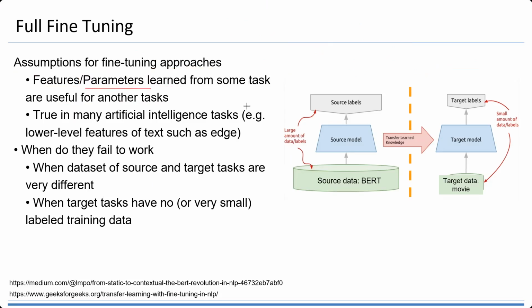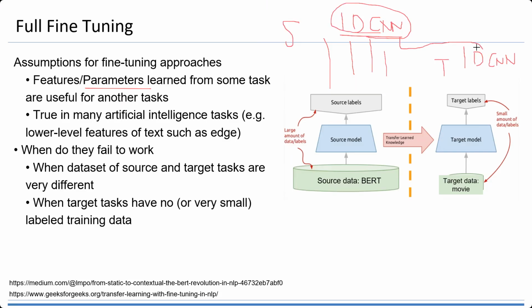Let's say you have a layer, okay. If in the source you use a 1D CNN, and in the target you can also apply a 1D CNN, then some parameters here we can transfer to this model.